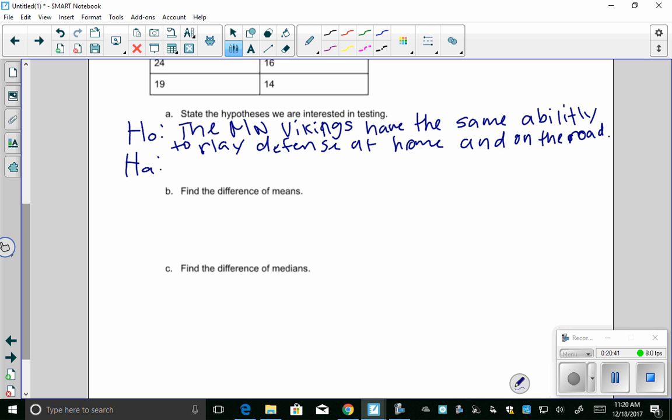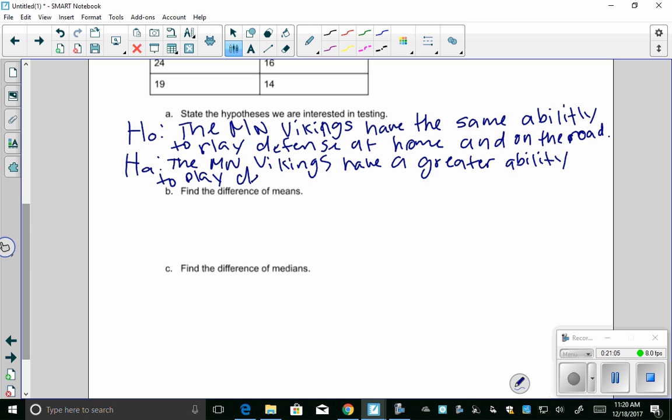The alternative hypothesis is that the Minnesota Vikings have a higher ability to play defense at home than on the road.